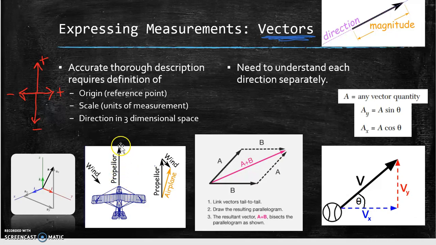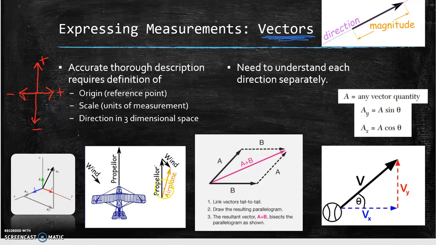We might have a plane flying in a certain direction or a drone flying in a certain direction, but the wind pushes in another direction. Well, we need to know where that plane is going to go. And we can see how that plane is going to act based on the influence of these two forces, or these two directions that the wind and the actual propeller are pushing, by creating this parallelogram sort of thing. So if you put the vectors tip to tail like this, you can create the resultant that way.